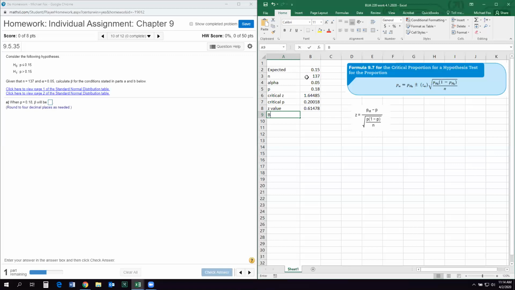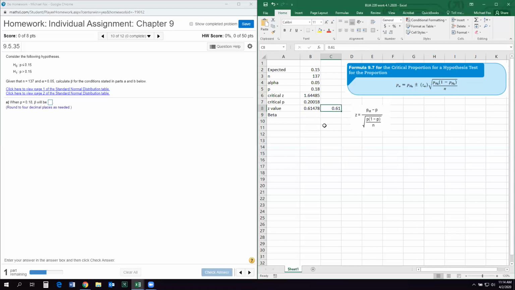And so finally, to find my beta, what I have to do is find the probability of this happening. Now, I have one more problem, and that's that this problem wants us to use these tables rather than using Excel. So it's going to round this z value off to 2 decimals. Even if I use the rounding tool here in Excel, it'll show 0.61, but it will actually carry this way out.